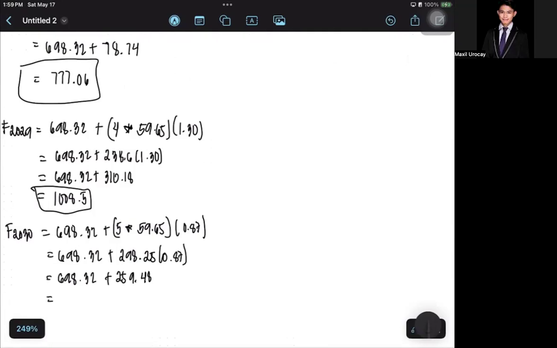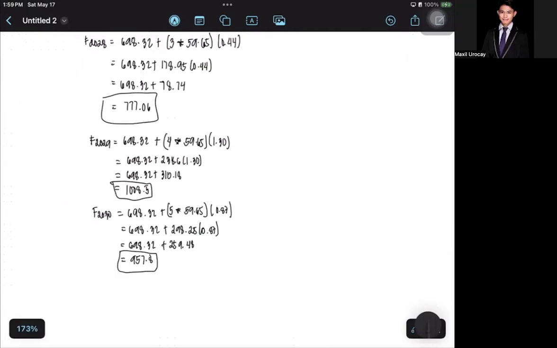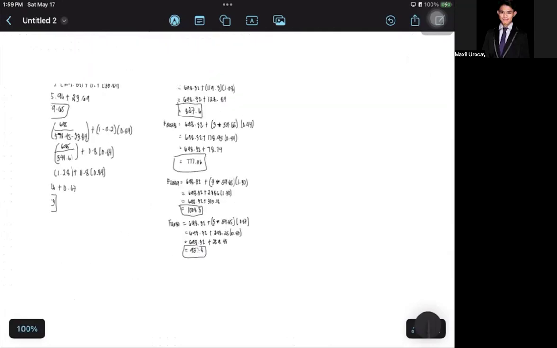And then 698.32 plus 259.48 is definitely 957.8. So this is the forecasted data of 2030.